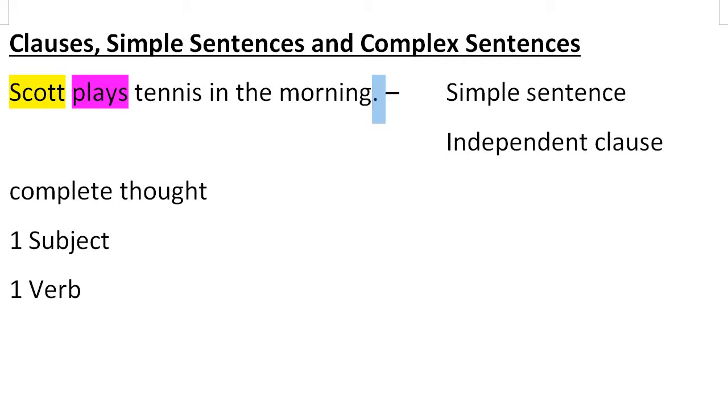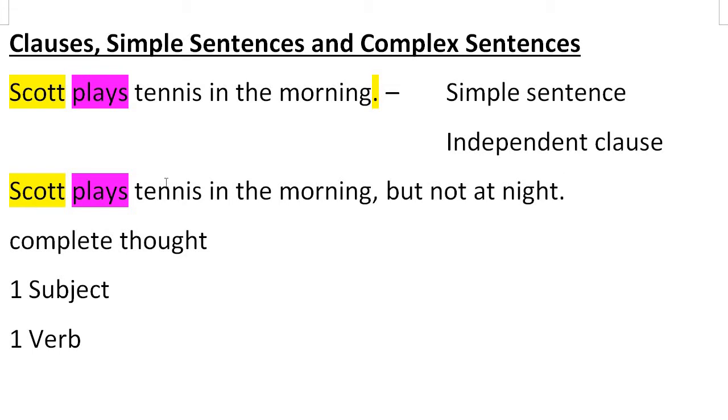And what is the difference then between a simple sentence and an independent clause? Well, basically this right here, your full stop and where it is. So if I were to add another clause to this sentence, then it wouldn't be a simple sentence anymore. So a simple sentence has one independent clause in it, right? But if I were to say the following, Scott plays tennis in the morning, but not at night. So what I've done here is I've added something, right? So now there are technically two clauses in here.